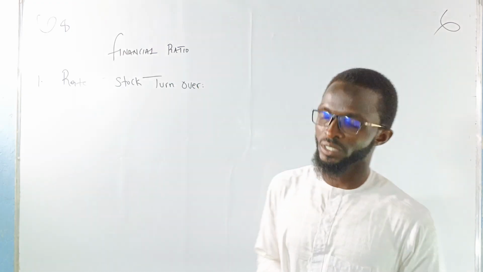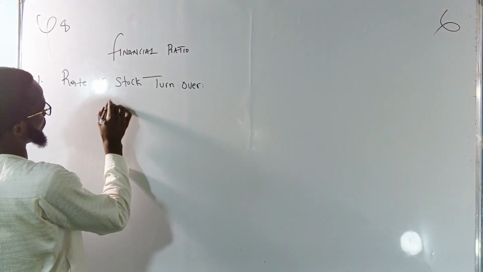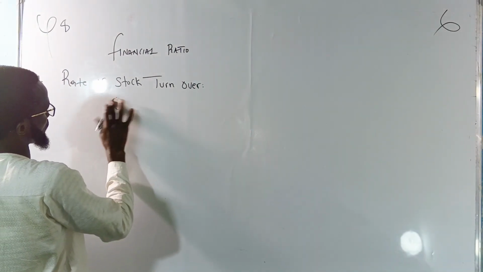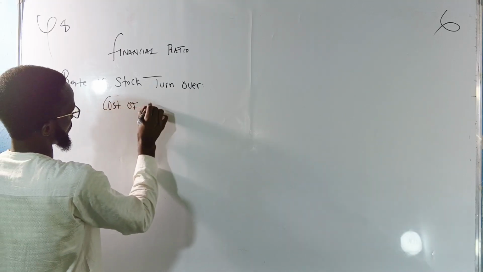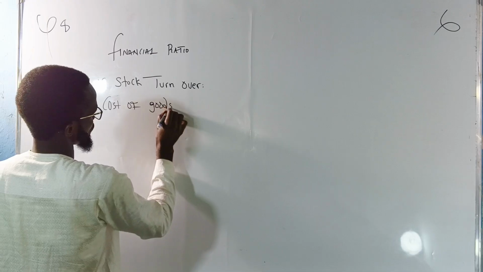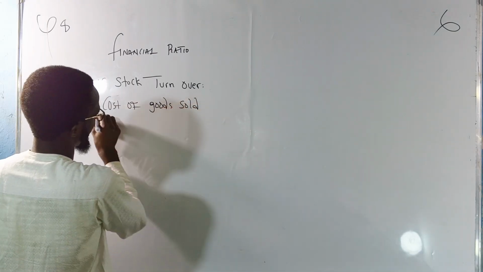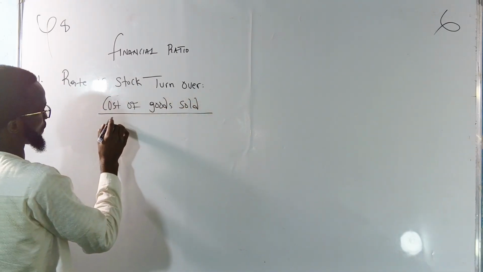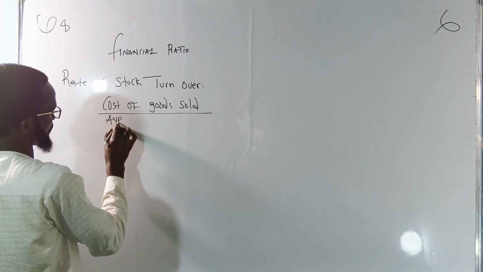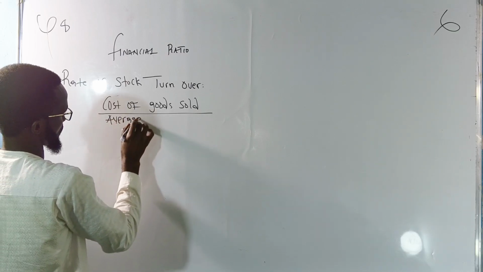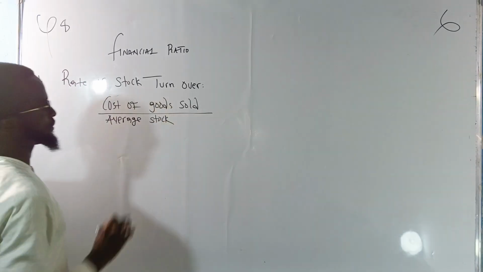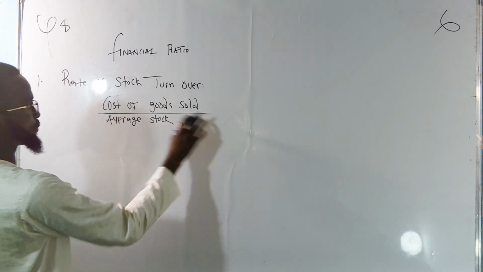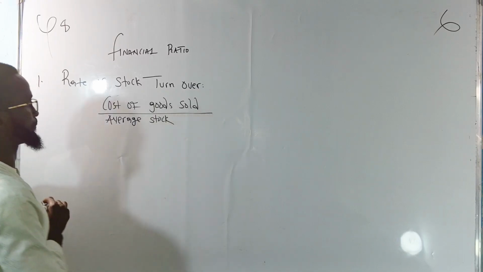So the formula for this is cost of goods sold over average stock. Cost of goods sold over average stock.